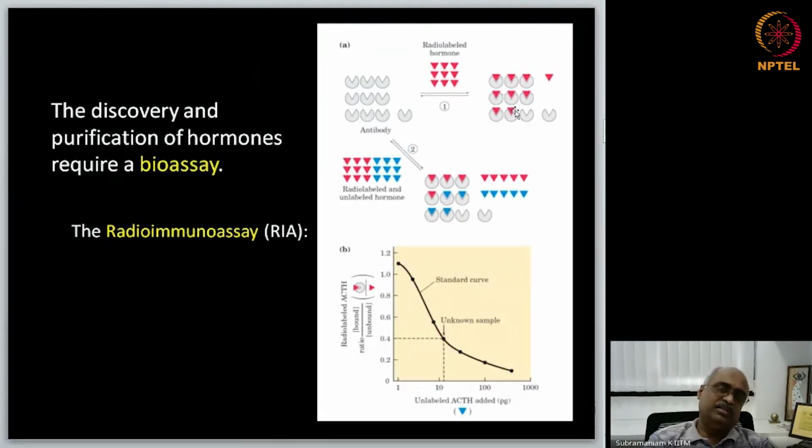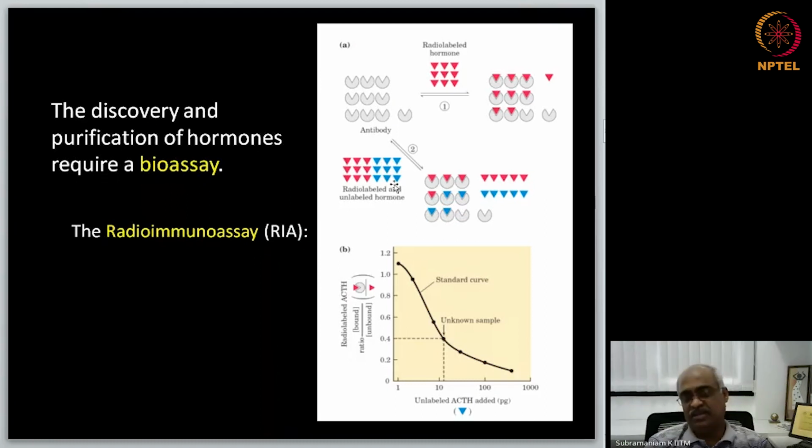Now in this scenario, let us introduce unlabeled hormone. The binding specificity has nothing to do with radioactivity, so both will have equal affinity for binding to the antibody. The unlabeled one will occupy some of the antibodies, which therefore cannot be occupied by the labeled one.